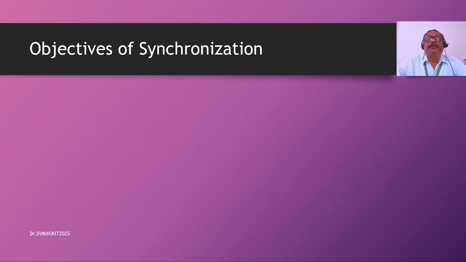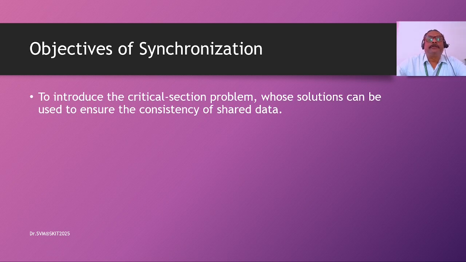The objective of synchronization among the processes is to introduce something called a critical section and find solutions used to ensure consistency of the shared data. So what is a critical section? A critical section is one where the shared data or shared resource is being used by a process, or any part of the code that makes use of a shared resource we call critical.